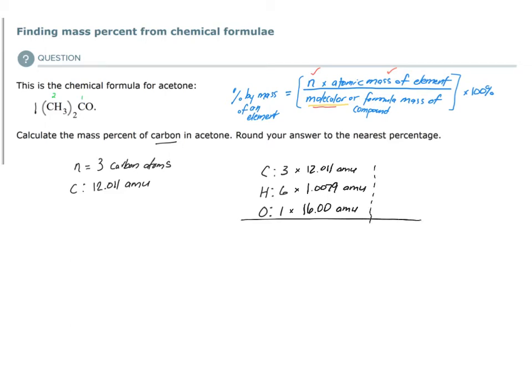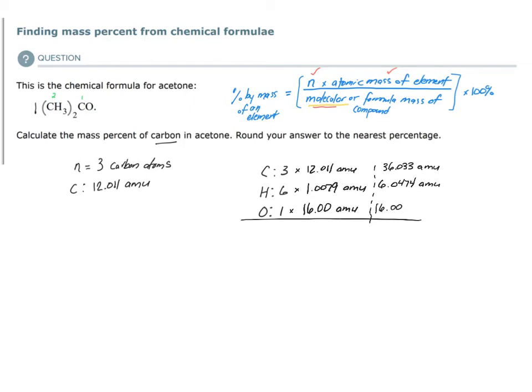So what is 12.011 times 3? 36.033 AMUs. What is 1.0079 times 6? 6.0474. What is 16 times 1?